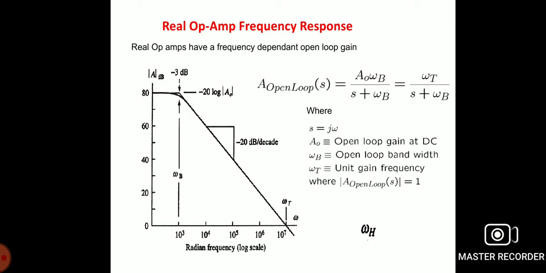A naught is the open loop gain at DC level, omega B is the open loop bandwidth, and omega T is the unity gain frequency, where the magnitude of the open loop gain is equal to 1.